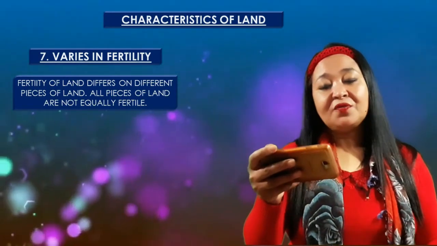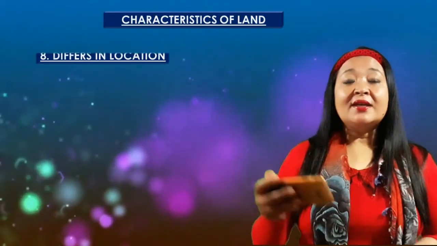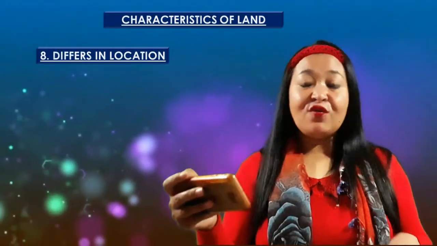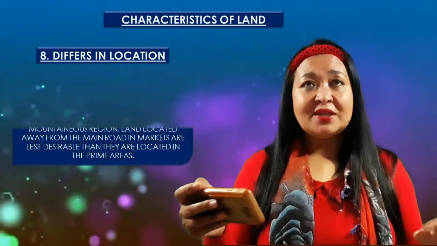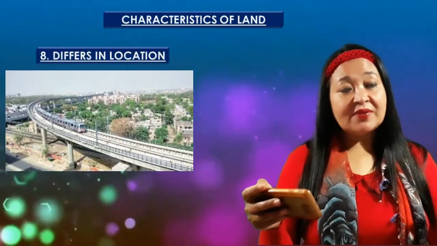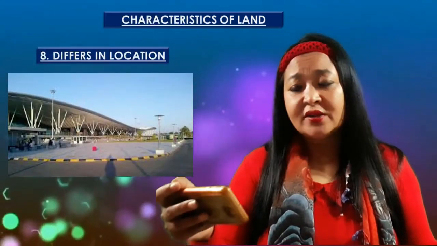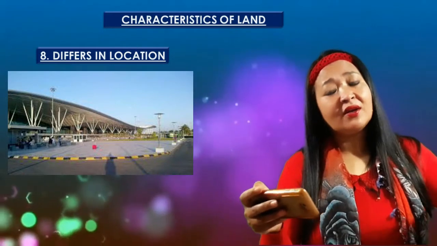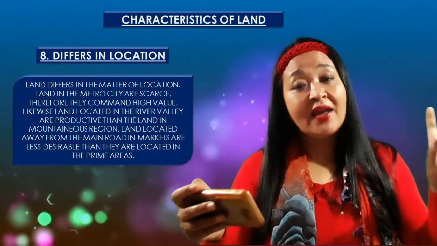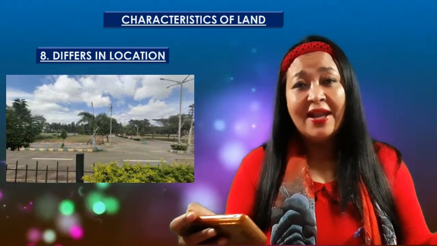Well, the next characteristic is that land differs in location. What does this mean? Land differs in matter of location. In the metro cities, land is very scarce, and therefore it commands a very high value. Why? Because there is a scarcity of land in metro cities.